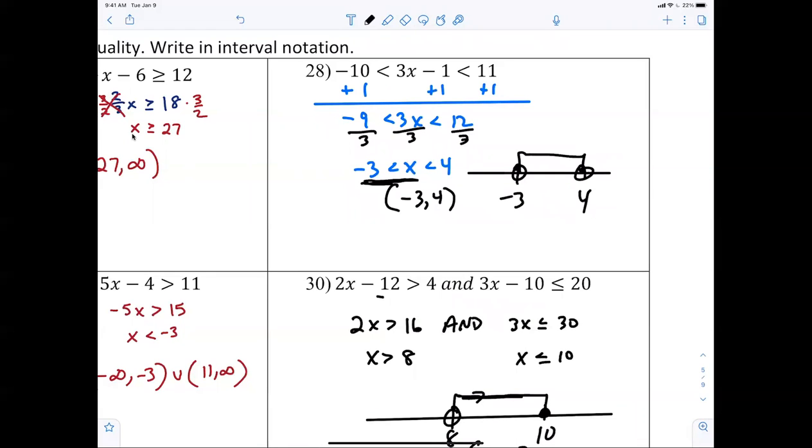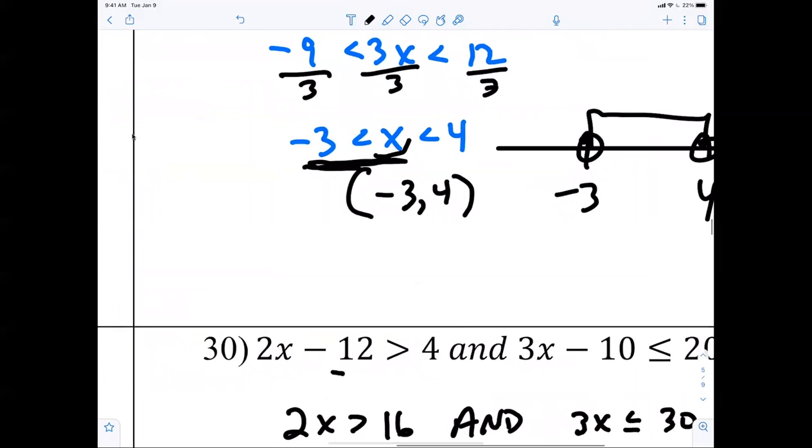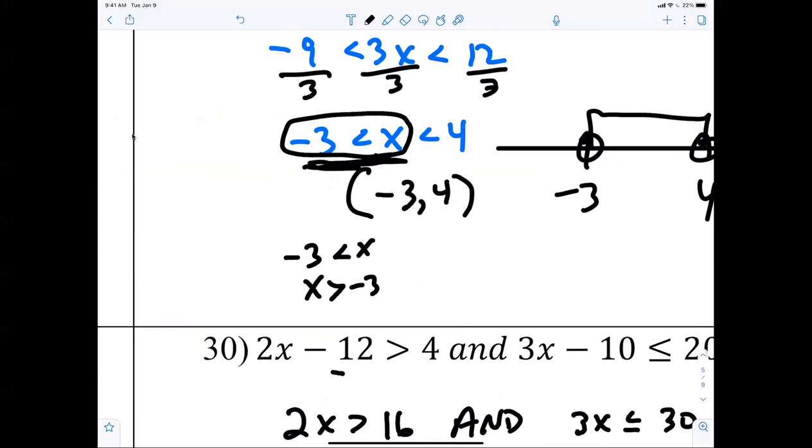Why is the -3 going the other way? Yeah, because it's not written in the right format. If -3 is less than x, x is greater than -3. That's what you're not understanding. Oh, so you just gotta mentally know. Yes, you have to mentally know. Okay.